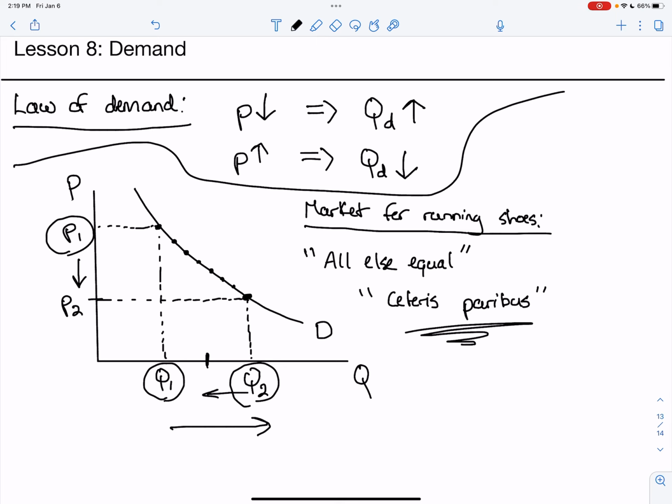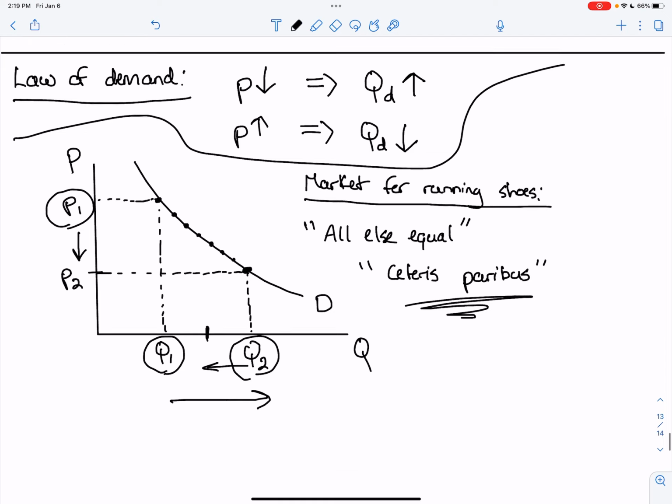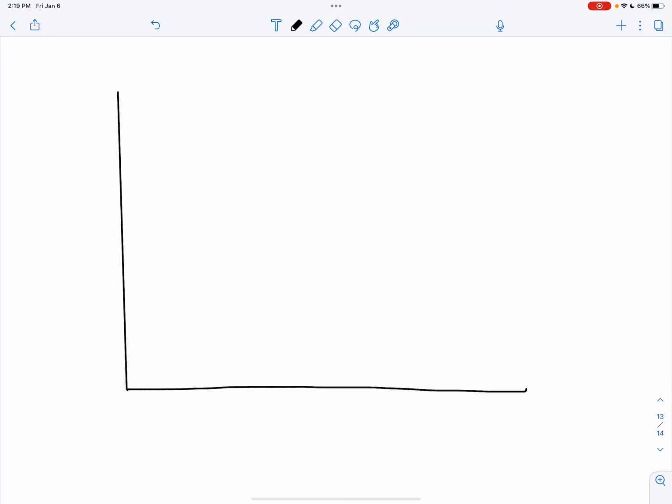Now, I mentioned that there are some events that may actually cause the entire demand curve to shift. What might those be? Let's draw a fresh demand curve here and explore some of those possibilities.